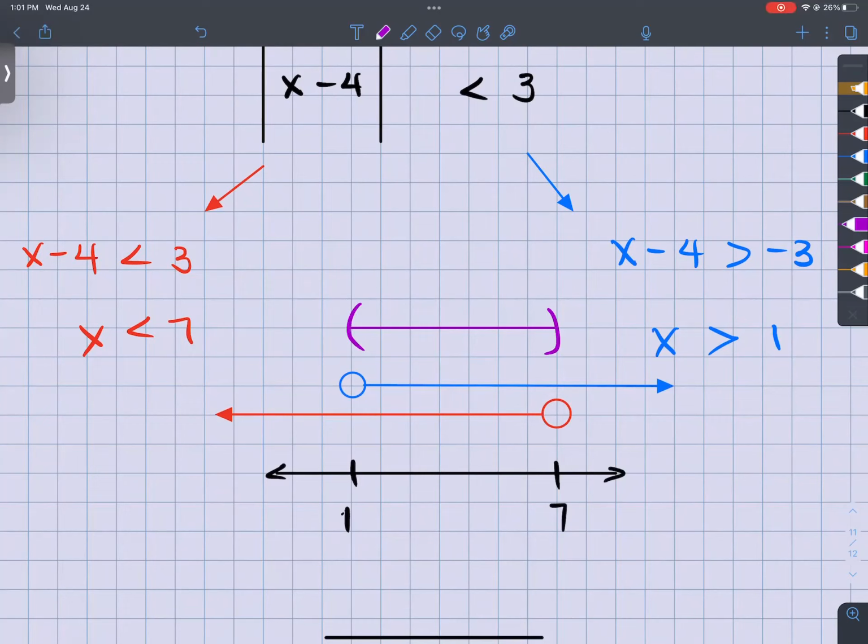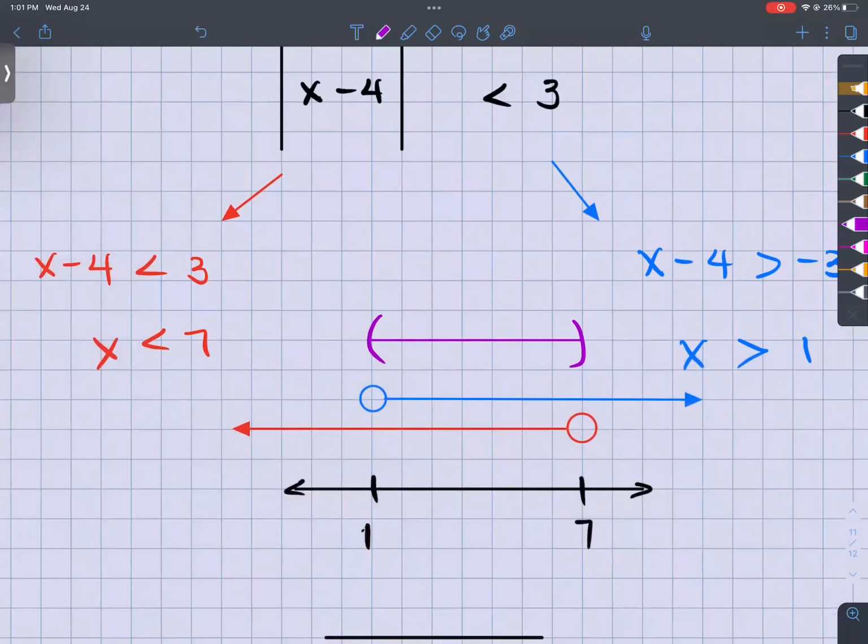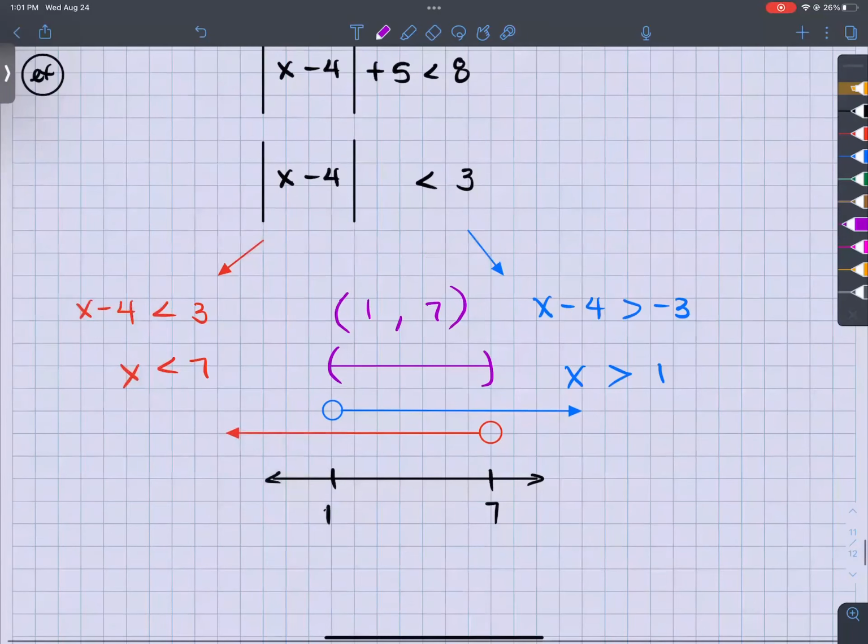You really only need this purple. You don't really need the red and blue. The red and the blue is to get me to verify that it is together. So it's either this right here, which will help me get this. Does that make sense? Which would be my answer. Right? It is more steps, but I'm getting still to the right place. Does that make sense?